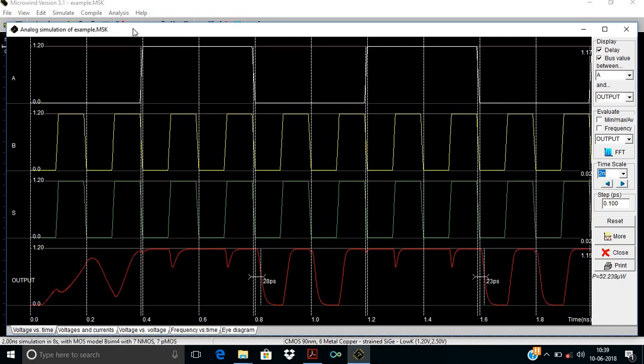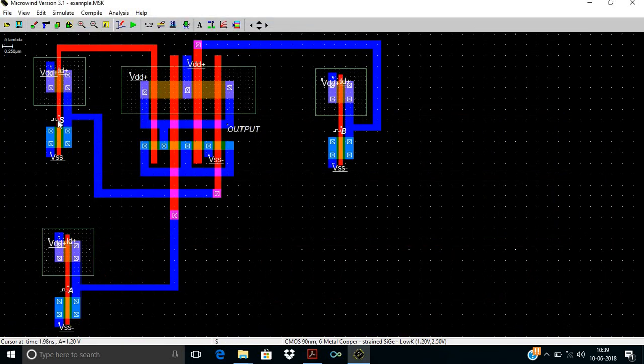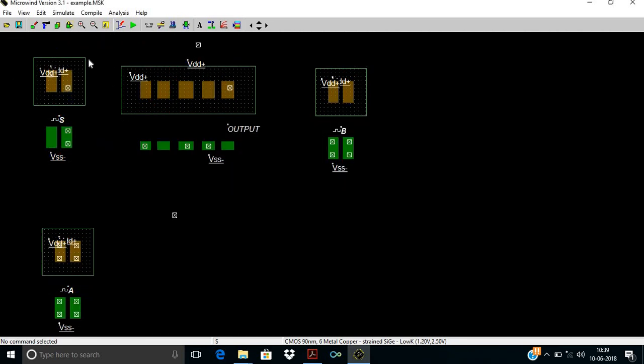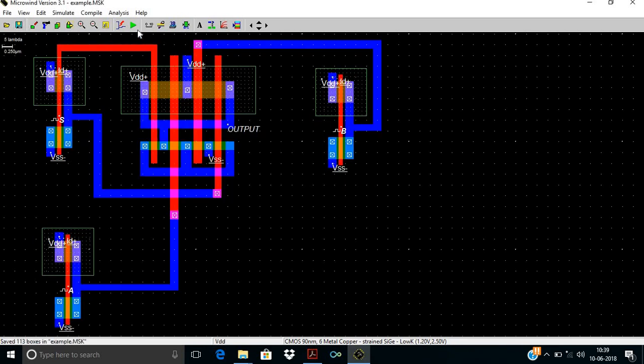here you can observe the output again. When the select line is 0, A is selected. Take one minute, I will make the select line much slower, so you can observe the output correctly.